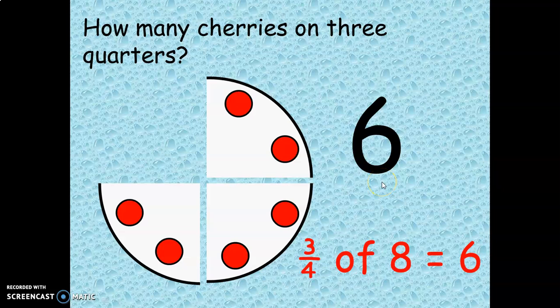So we are finding a fraction: 3 quarters of 8 equals 6. Quarter means 4 parts, and we shared 8 equally.